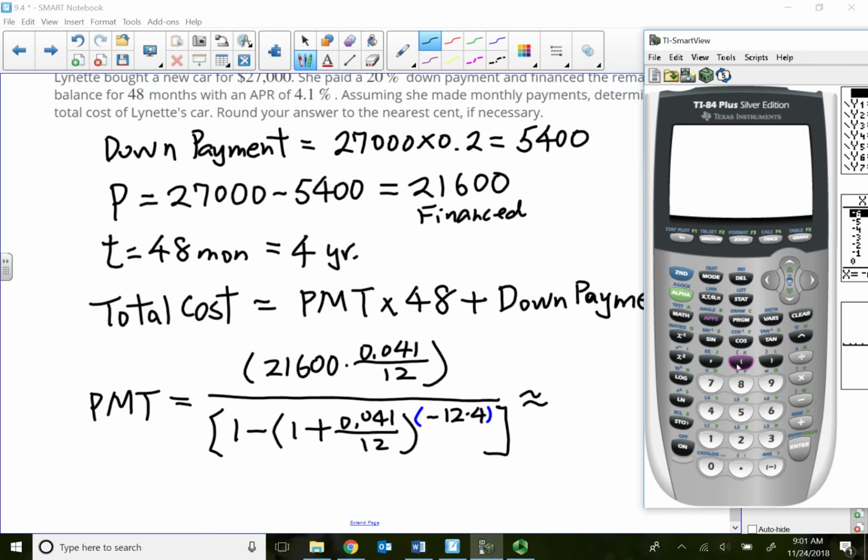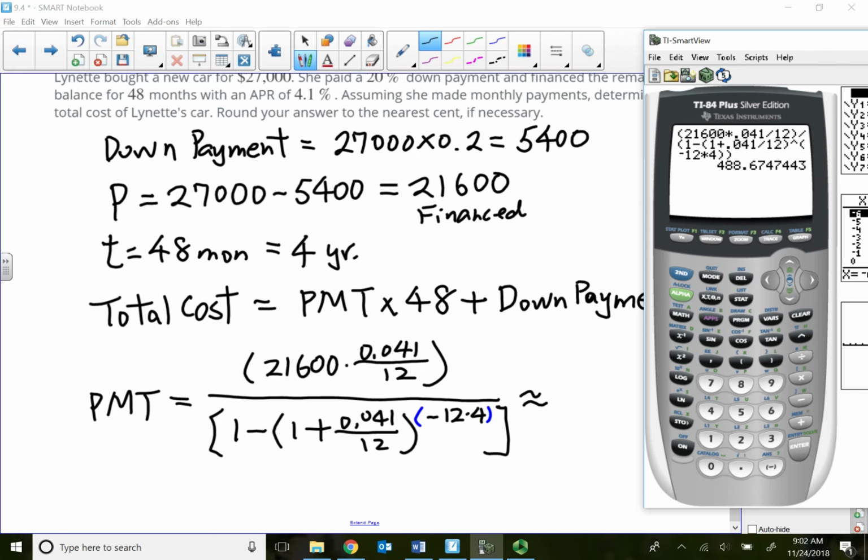Alrighty, so let's check it out. I'm going to do this separately here in a minute. 0.041 divided by 12, divided by bracket 1 minus open parenthesis 1 plus 0.041 divided by 12, close parenthesis, exponent, open parenthesis, negative 12 times 4, close parenthesis, close the bracket.